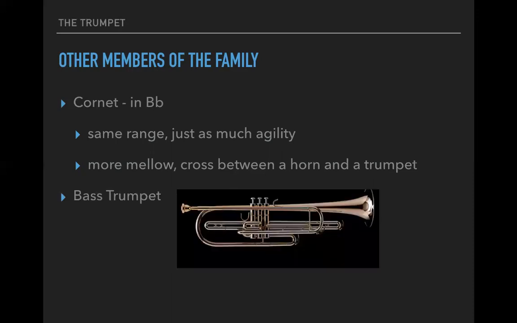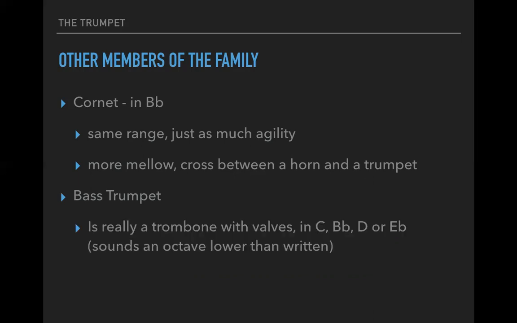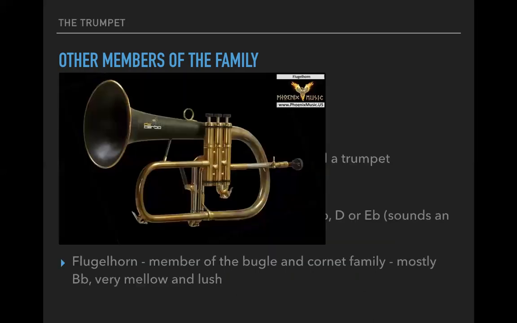Bass trumpet is actually related more to the trombone. There are even some tuba players who play the bass trumpet. You could think of it as a valved trombone in C. And the flugelhorn, again, same tuning as B flat, member of the bugle and cornet family, very mellow and lush.